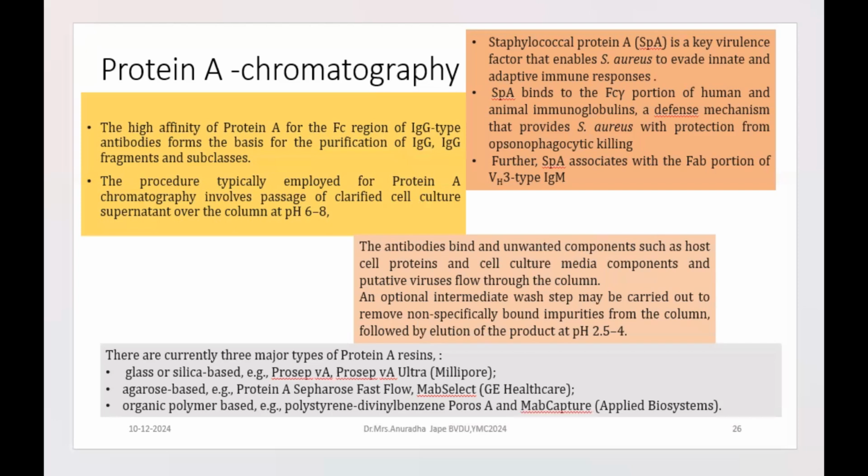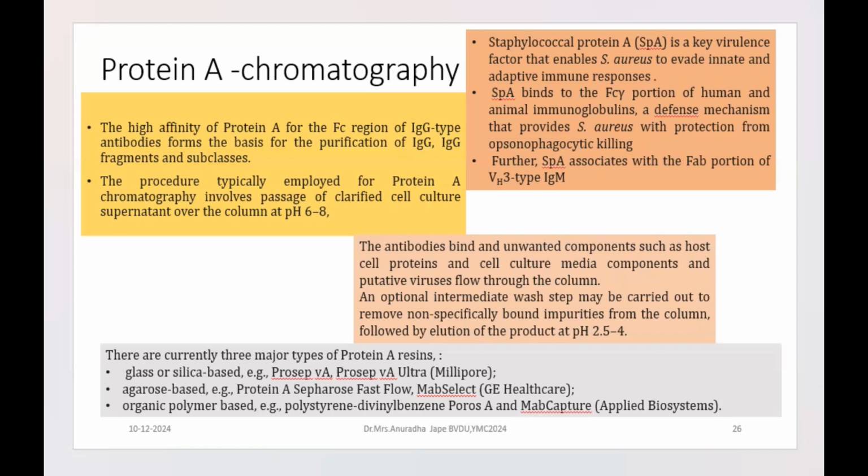Now it is going to interact with IgG antibodies also. It is going to interact with IgM antibodies also, and their fragments and subclasses. When we talk about the fragments and subclasses of antibody, this staphylococcal protein A is going to interact with the subclasses and fragments of IgG as well.